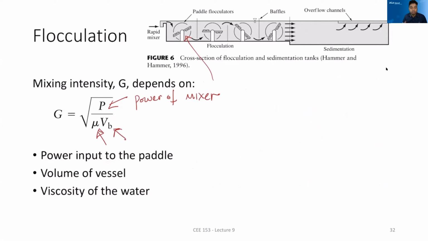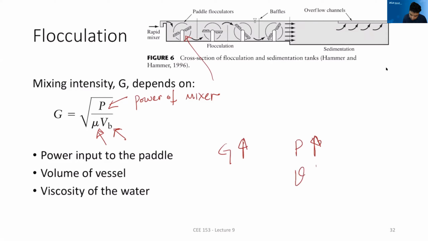Think of it conceptually. You need more power if you have to treat lots of water. G increases if power increases. That makes sense. If you have more power, then it's going to move faster.